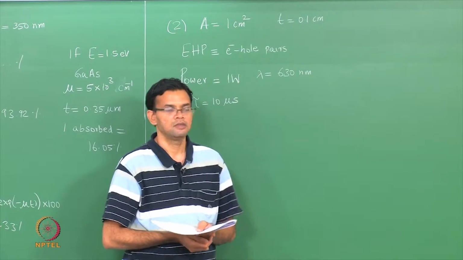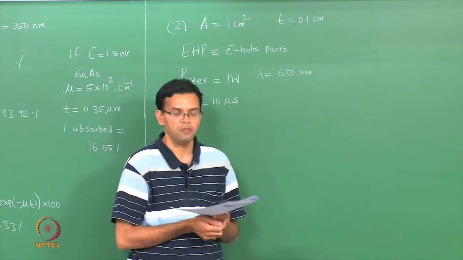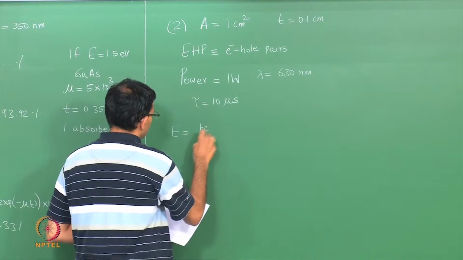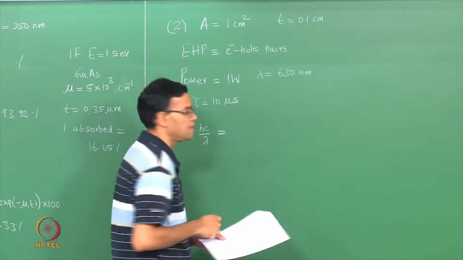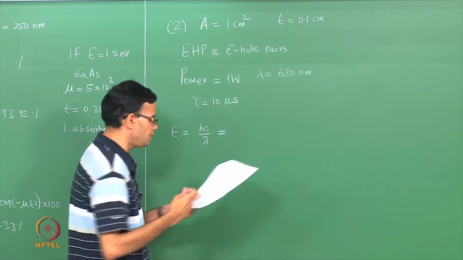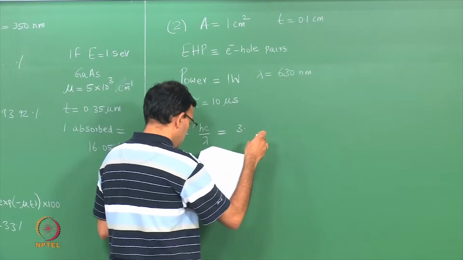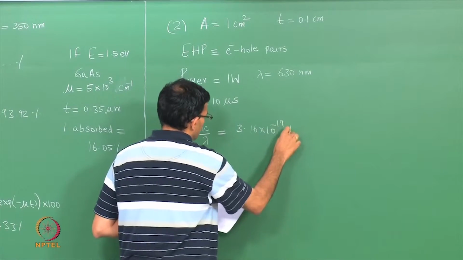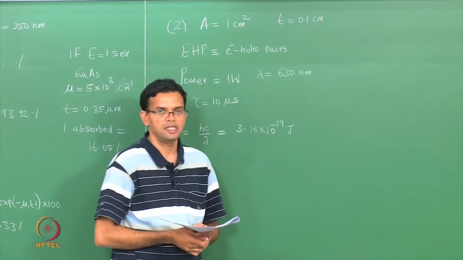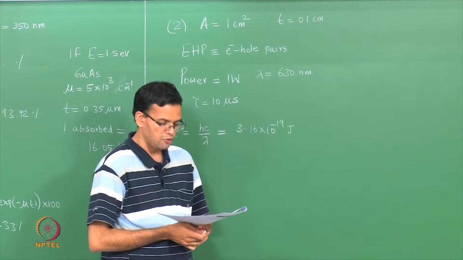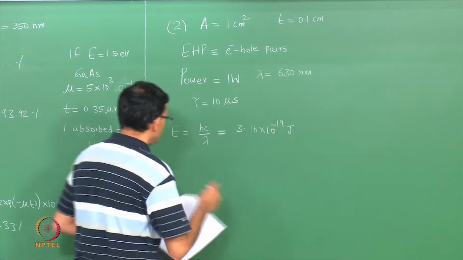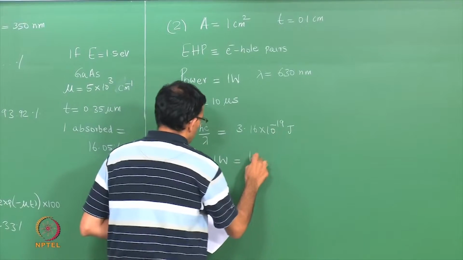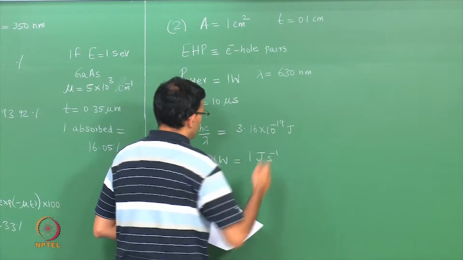So, we have light of wavelength 630 nanometers. So, the first thing is to calculate the energy. Energy is nothing but hc over lambda. This works out to be 3.16 times 10 to the minus 19 joules. So, we also know the intensity of the light. So, I is 1 watt, which is 1 joule per second.